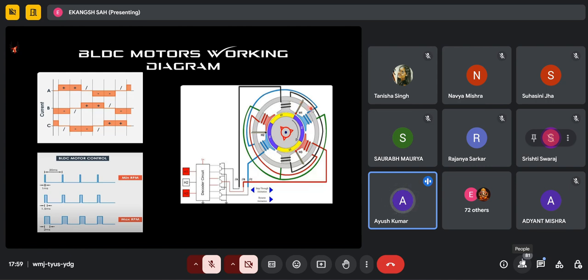Then there are pairs of windings shown by red, blue and black, and there are symbols denoted H1, H2 and H3. These represent the Hall effect sensors, which are kept beside the stator. They sense the magnetic field.